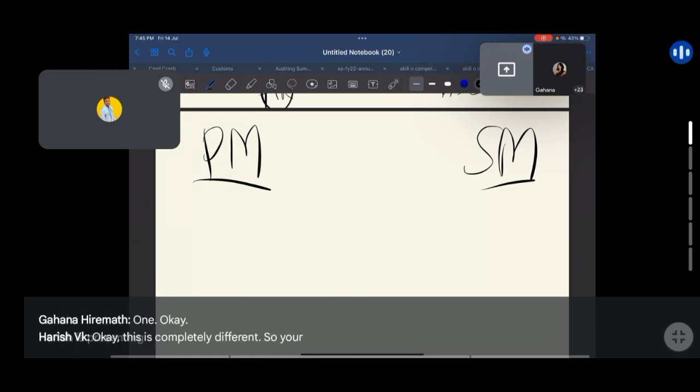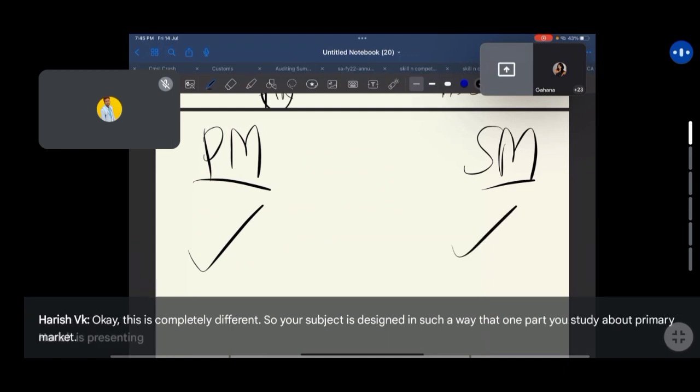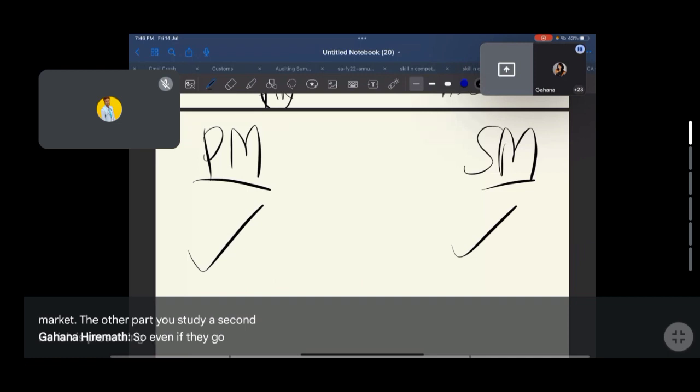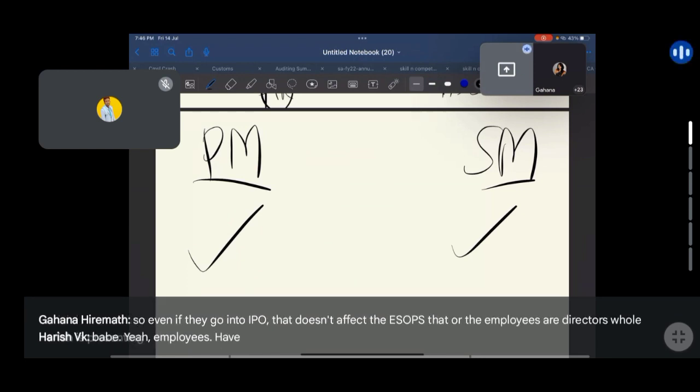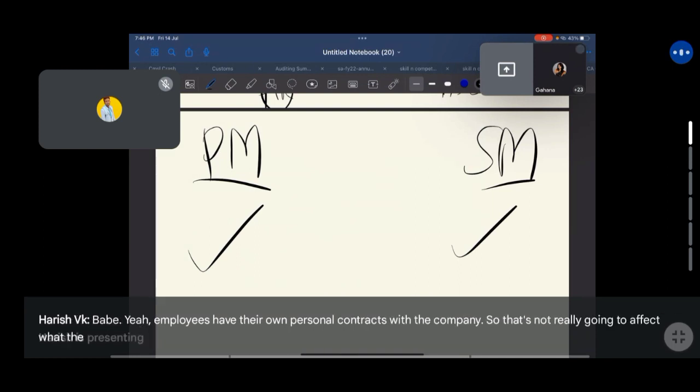So your subject is designed in such a way that one part you study about the primary market, the other part you study about the secondary market. So even if they go into IPO, that doesn't affect the ESOPs that the employees or directors hold? Employees have their own personal contracts with the company, so that's not really going to affect what the IPOs will do.